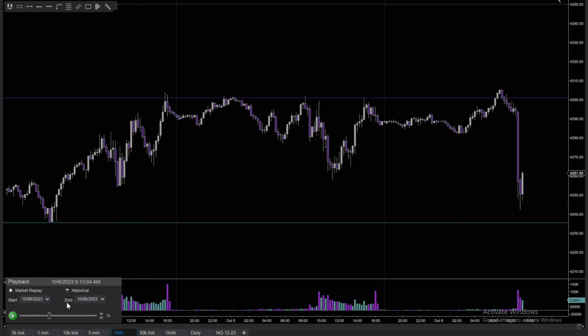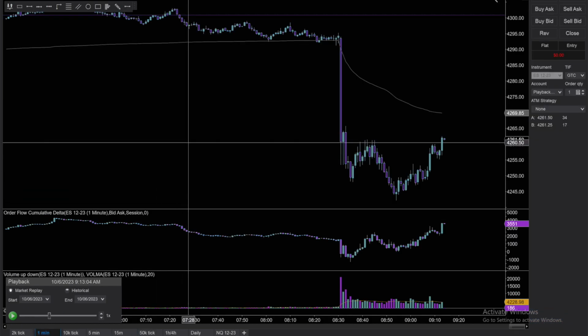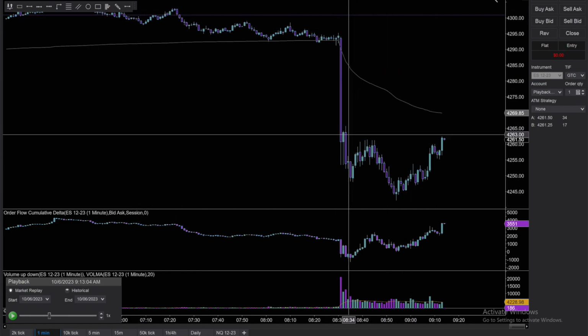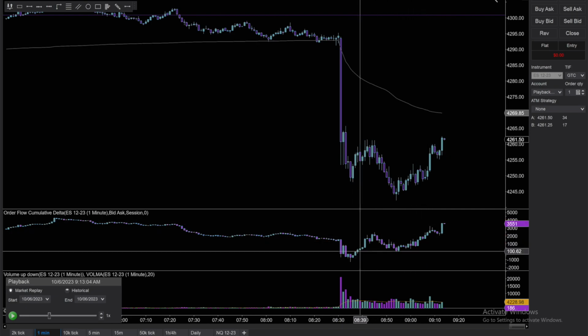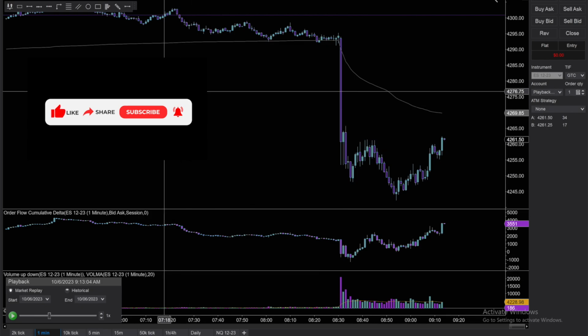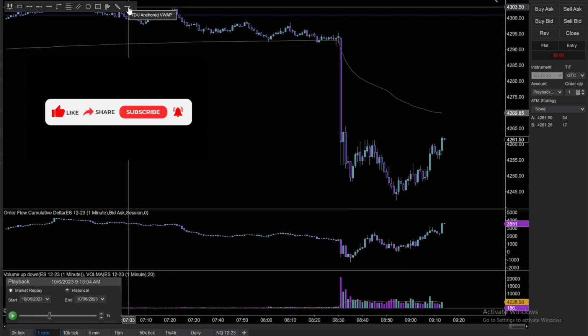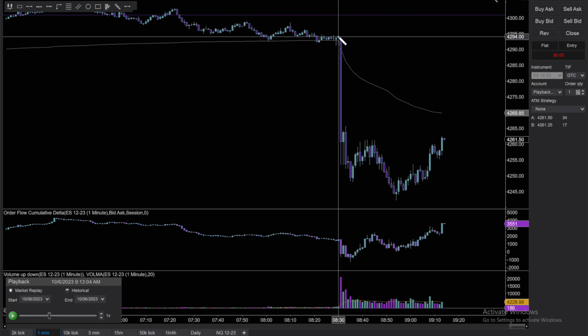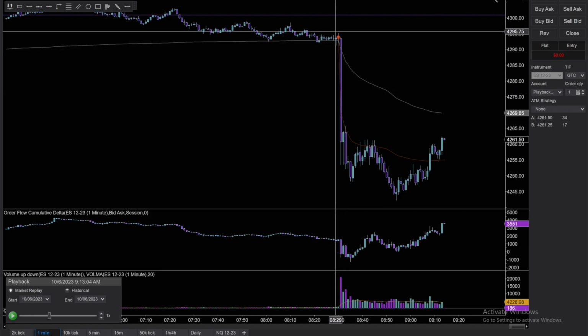All we're going to do is go to the 1-minute chart, and what we need is essentially three things. We've got our price action, cumulative delta right here, and traditional volume down here. Then what I really like to use for this strategy is the anchored VWAP, and I'm going to anchor it from that 8:30 candle, right before this huge sell-off.